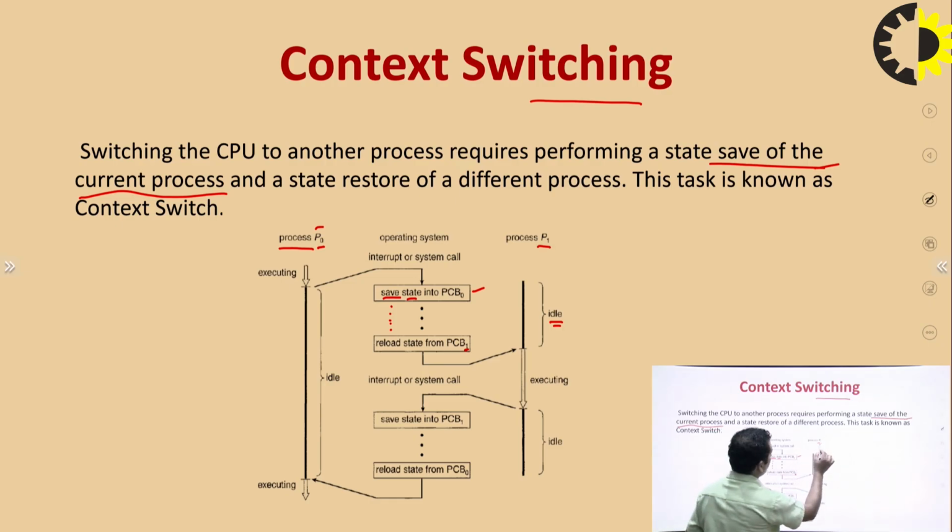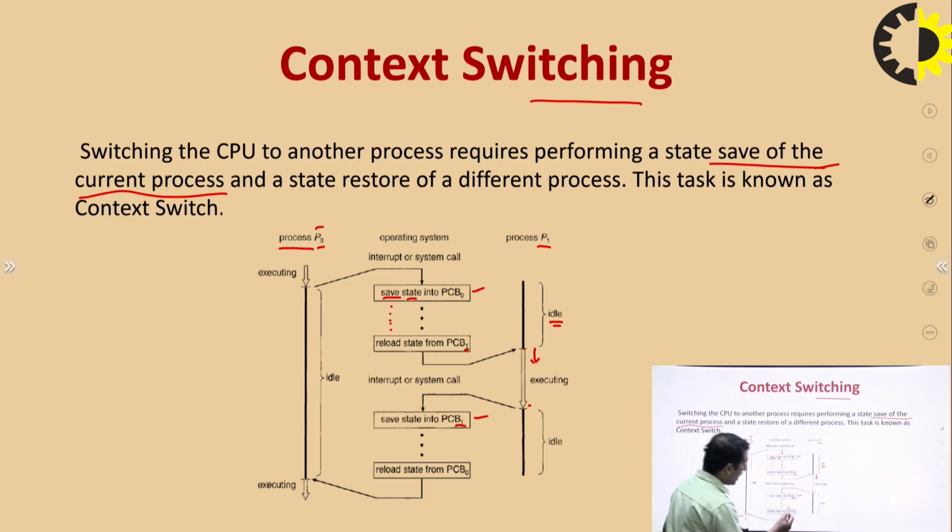We want to execute process P1, so we reload the state from PCB1. Now process P1 executes and keeps executing. Suppose at this particular time some interrupt or system call occurs. Then again we save the state of the running process. Our running process is P1, so information regarding P1 is stored in its corresponding PCB, PCB1.